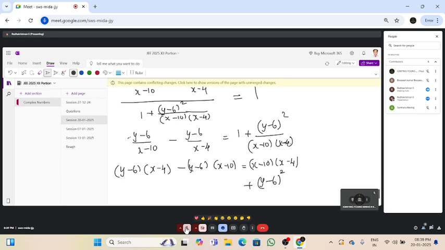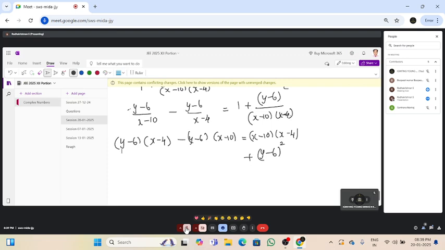Okay. So even though it is looking like a complex equation, if you actually do it, many terms will get simplified. So this y minus 6 into x minus 4 minus y minus 6 into x minus 10 is what?